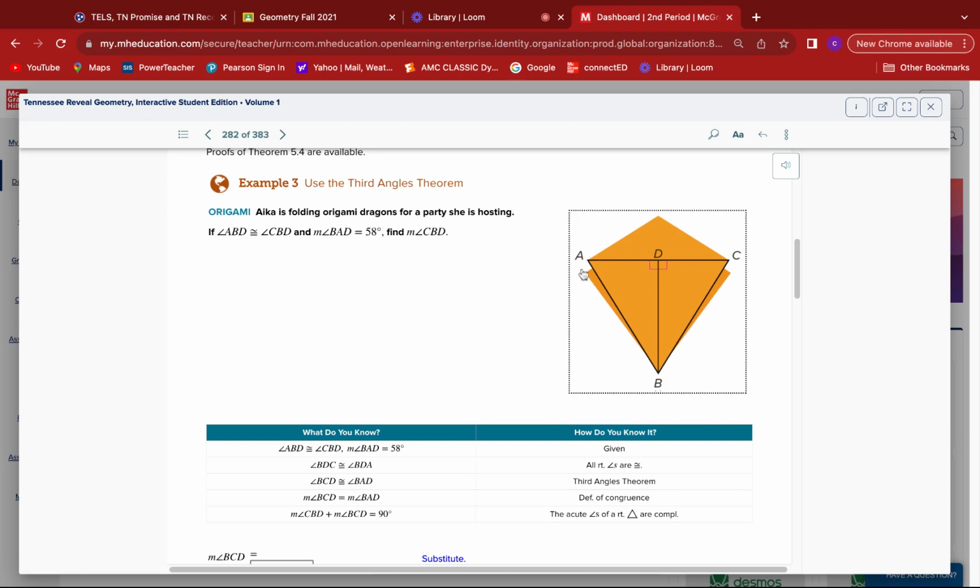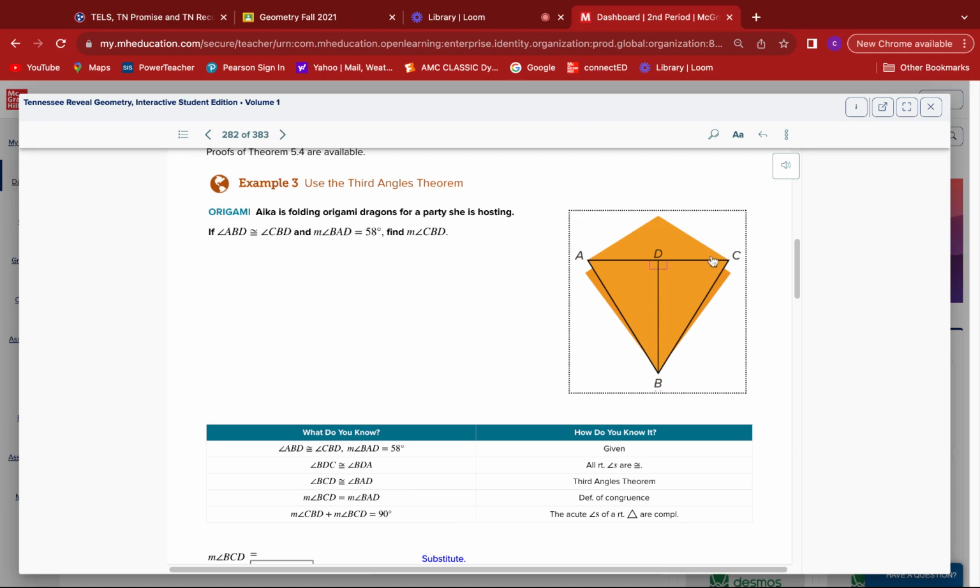If angle ABD, B being the letter in the middle, is this angle, and CBD, again B being the letter in the middle, is this angle, so these are equal to each other. A being the letter in the middle for BAD is 58, and these are both 90.